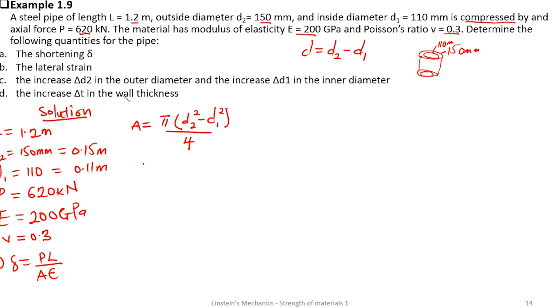So we can estimate. The area is going to be pi, D2 is 0.15 square minus 0.11 square, or you can bring all square. It's the same thing. All on 4. And I'm getting my area to be 8.168 times 10 to the power negative 3 meter square. You can check it out.